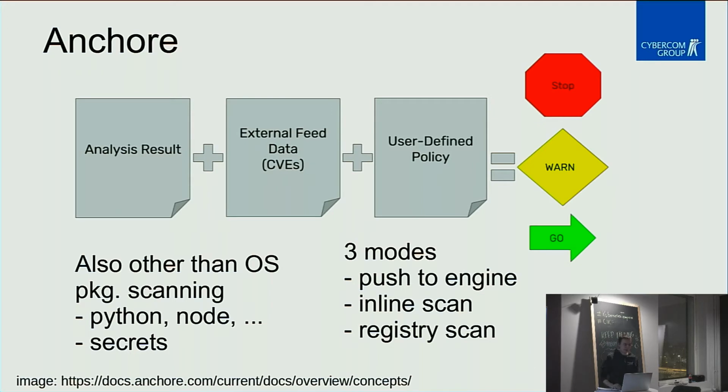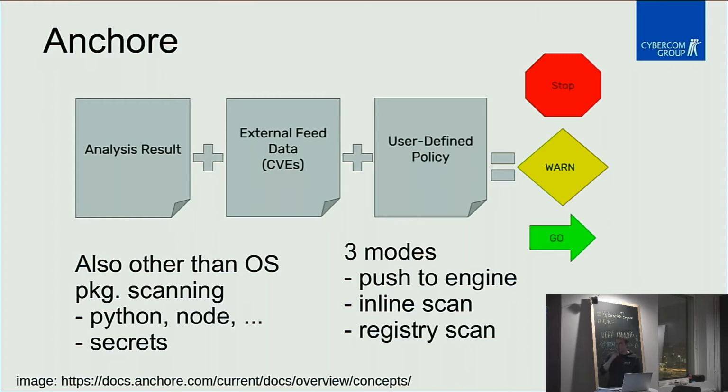Then the next is Anchore. This is a more recent one, and this has more into it. So for example, it also does some checks from pip and npm on what Python and Node packages are installed, and then compares that to some feeds and gives more vulnerability findings. And then it can also check, for example, if there are secrets stored in the container, and it can report that.